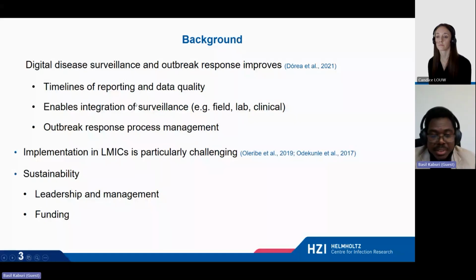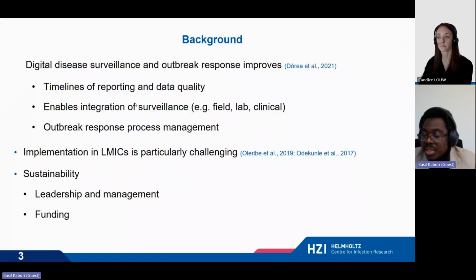My understanding is that participants of this webinar are keen stakeholders on digital disease surveillance systems for outbreak response as well as routine surveillance. And we understand that the timeliness of reporting and quality of data is highly enhanced by these systems. These systems also enable us to integrate surveillance in various components from the field, the laboratory, clinical, and many more, and the overall process management of our outbreak response.